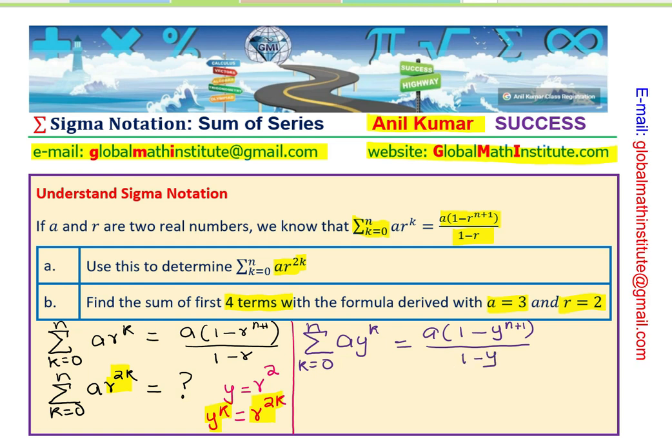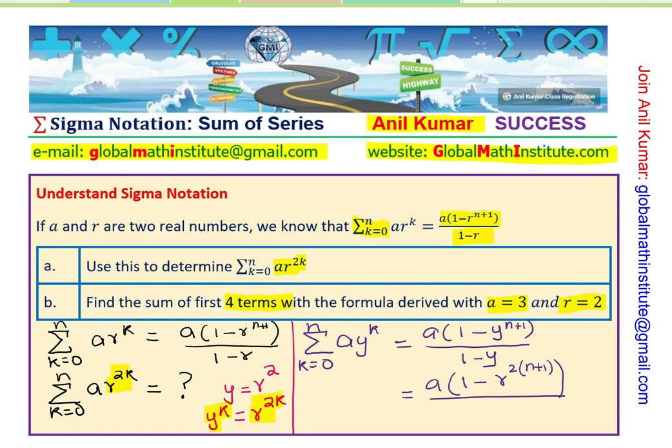Since we know y is r square, we can write this as a times 1 minus r square to the power of n plus 1, divided by 1 minus r square. Makes sense. See how easily we have transformed the formula for a new, related expression. We used the method of substitution very effectively to get our result.